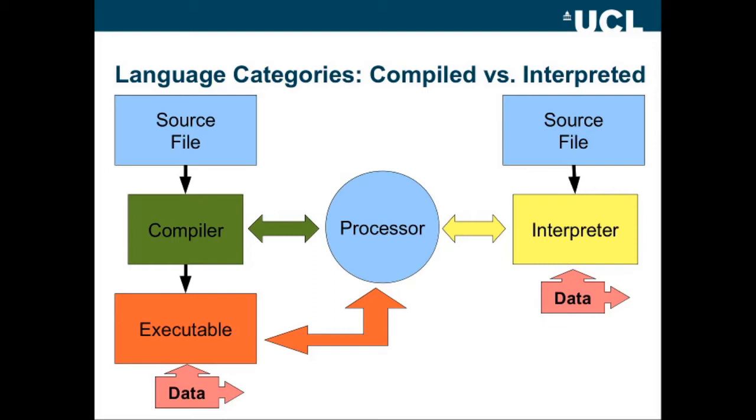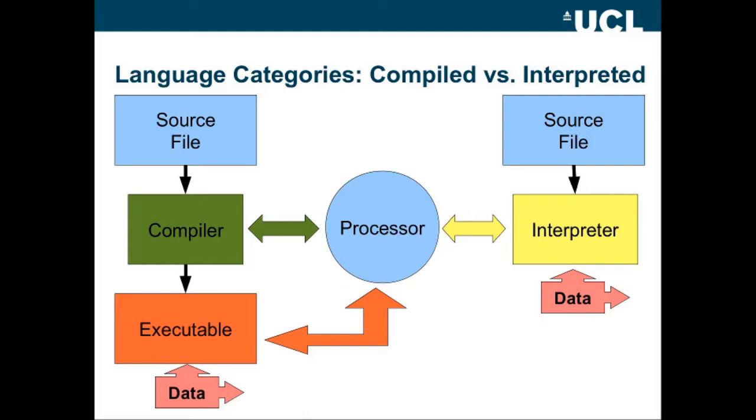The main advantage of the interpreted languages are that they're faster to develop software, because you don't have to worry about this step of compiling a program. You can easily modify your source file and just test whether it works properly. On the other hand, the compiled programs, you have to go through this compilation step to produce an executable before you can actually test the code.